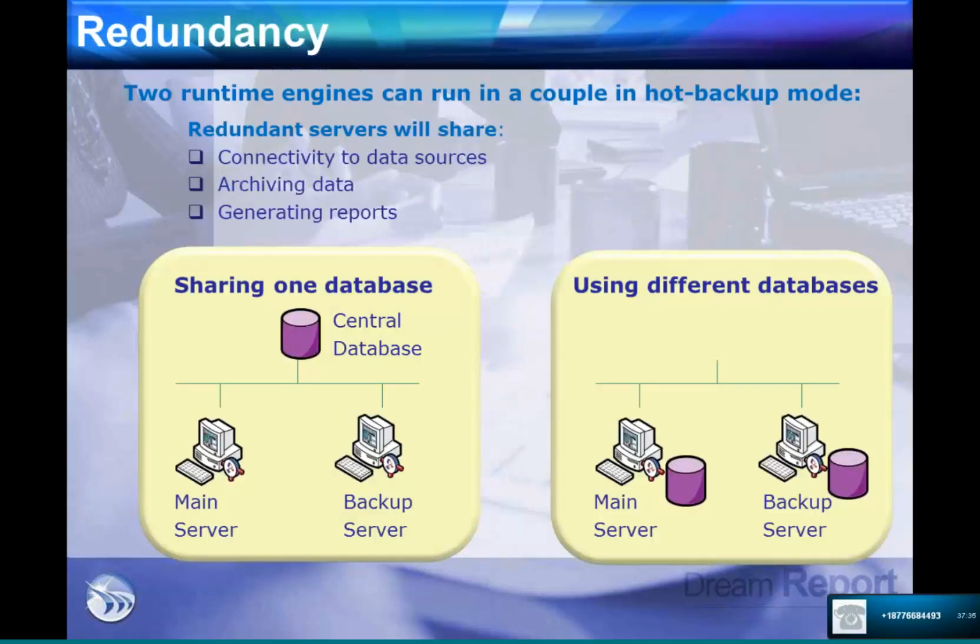Redundancy. Also, as for SCADA system, of course, reporting tools must have some redundancy. And here, Dream Report is capable to work in redundant mode, which means that we can install two stations of Dream Report on separate computers and run one station as the main server and second station as backup server.